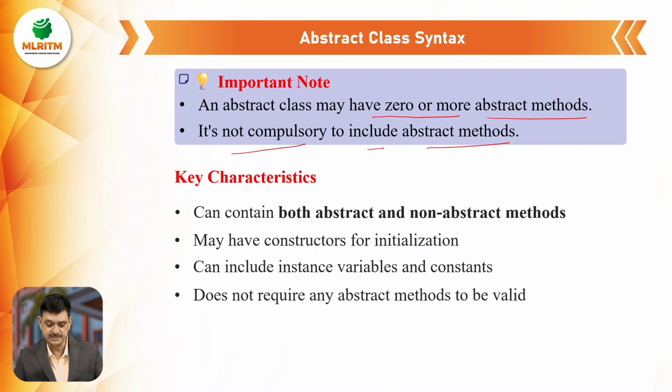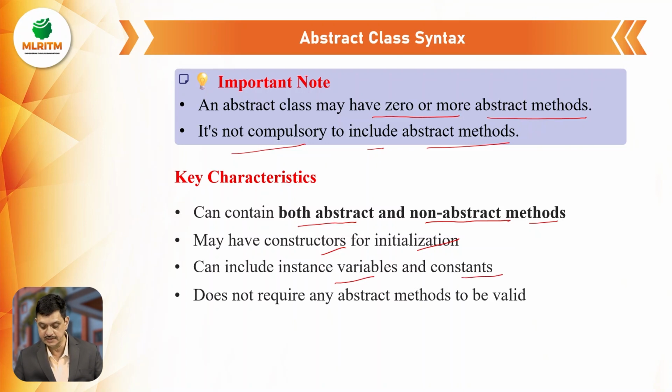So the key characteristics are: abstract classes can contain both abstract and non-abstract methods, may have constructors for initialization, and can include instance variables and constants also.